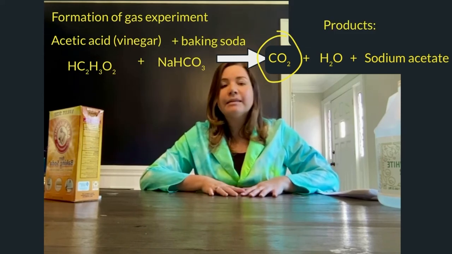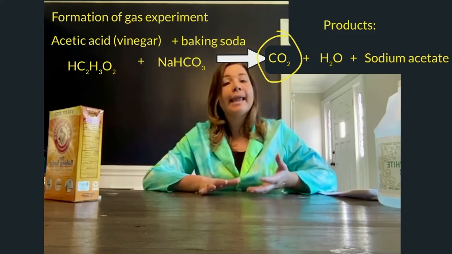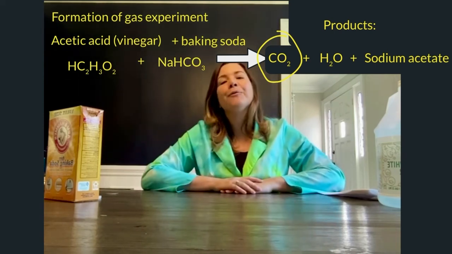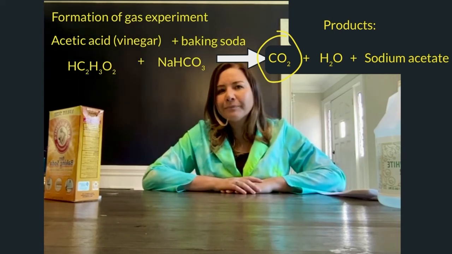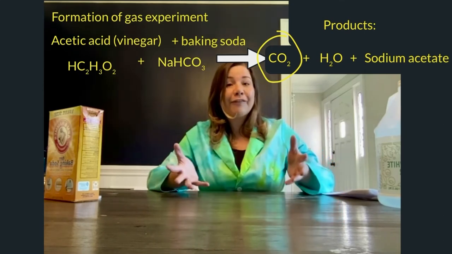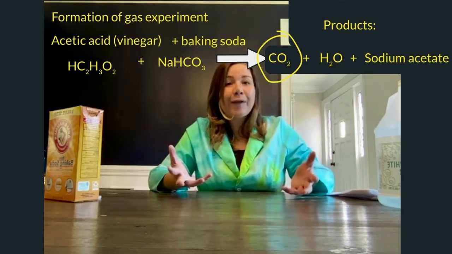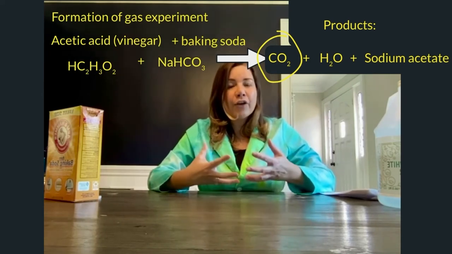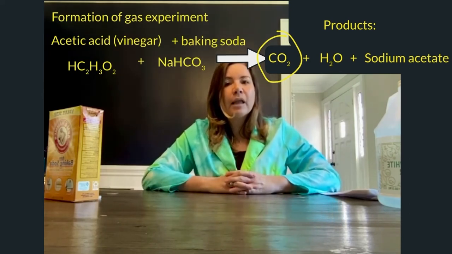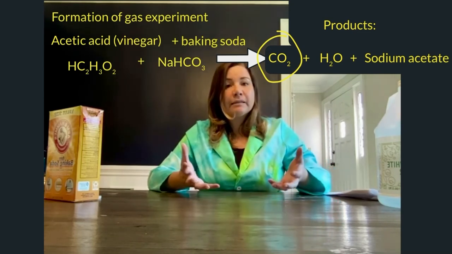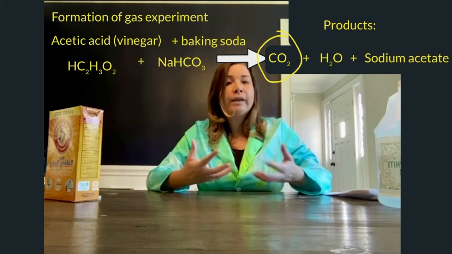Well, carbon dioxide is a gas, and we normally can't see it, but when we did our experiment, we put that balloon on top, and what happened to that balloon? If you said that balloon started to inflate or blow up, you were right. So as we mixed that baking soda with that vinegar and created this reaction and carbon dioxide was produced, that gas was released from that reaction and it went into the balloon.